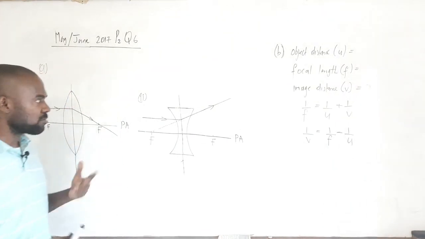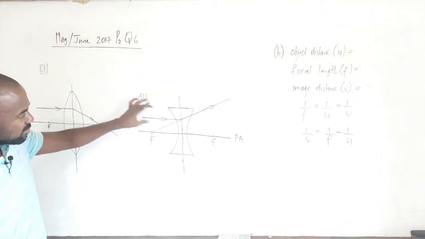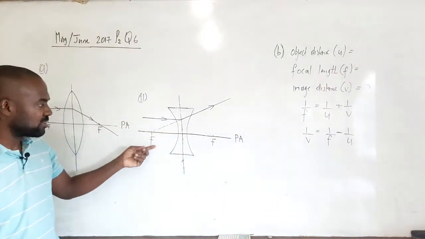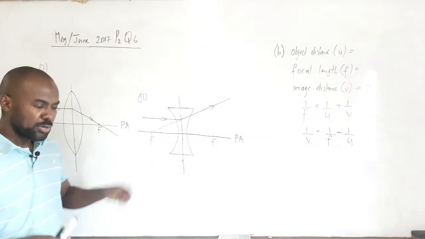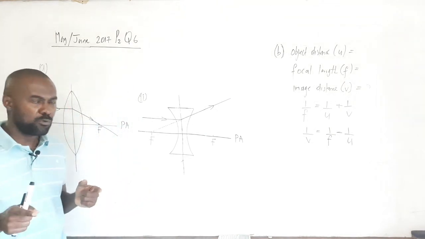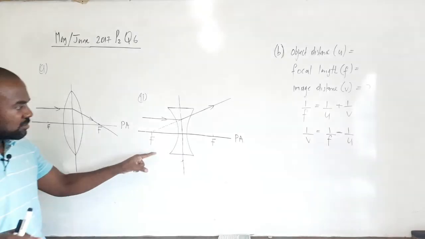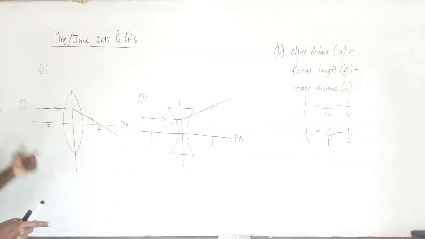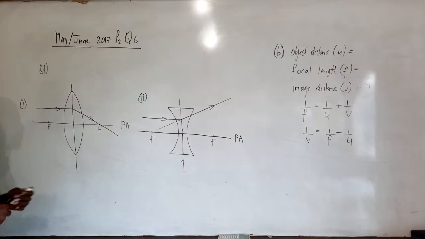Because the light ray only appeared to come from the principal focus, it is a virtual focus, unlike that of a converging lens, which is a real focus.